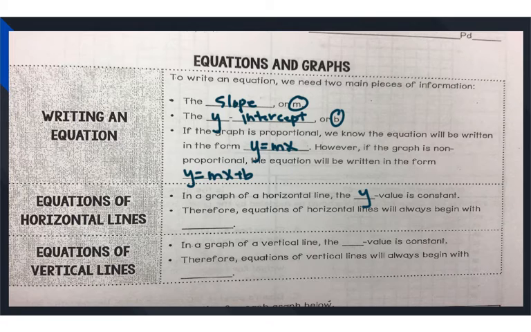So that's what comes at the end of the equation, without a variable attached to it. Therefore, equations of horizontal lines will always begin with y equals. In a graph of a vertical line, the x value is constant. Therefore, equations of vertical lines will always begin with x equals.